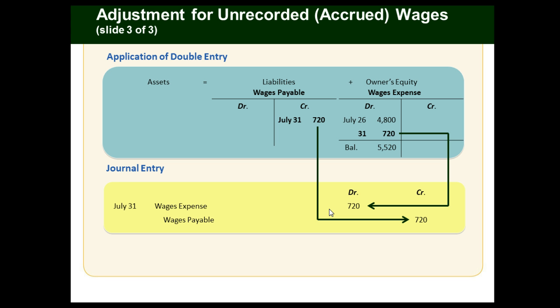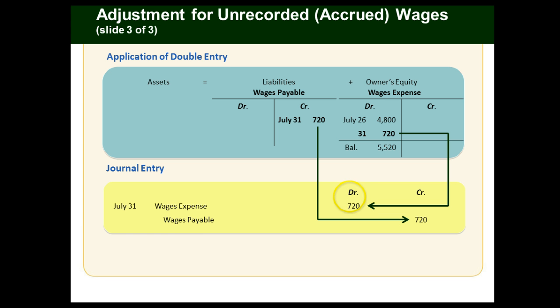Debit is always left. Credit is always right. Left, right. So the left side is always the one you're going to do first. Think about it this way: left is closest to where you begin writing. You see here how wages expense is going to be the debit. I get those two mixed up too.